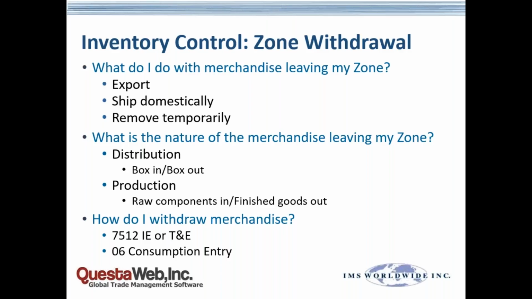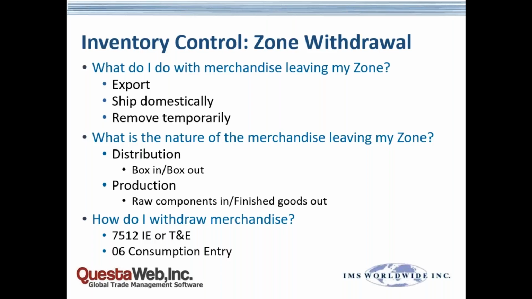And how you withdraw the merchandise is the way you close this loop that you are responsible for, this audit trail that is created from admission or receipt all the way through to this withdrawal of the merchandise, so that I make an entry, and that entry is either an export entry or it's a consumption entry, but I've got something that closes the loop for me so that I can prove to Customs and Border Protection what happened to that merchandise after it flowed through to this end of the process.